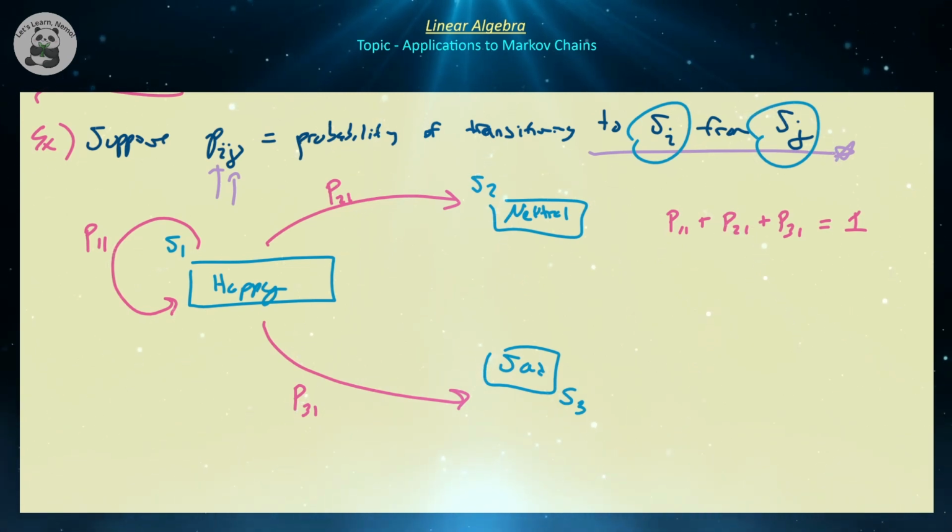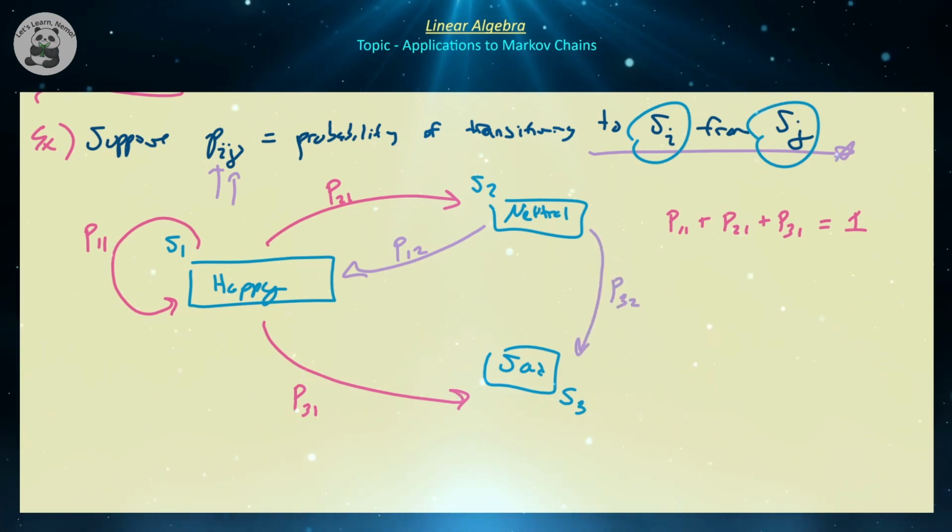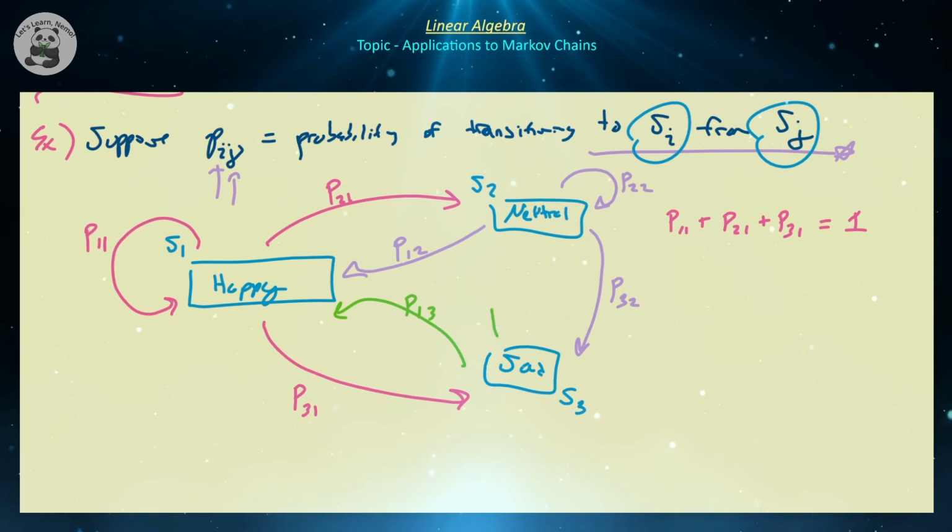Now, let's fill out this chart with the rest of them. For example, we can go from neutral to happy, so that's going to be P12. We can go from neutral to sad, so that's going to be P32. And we can also stay at neutral, so that's going to be P22. We can also go from sad to happy, that's going to be P13. We can go from sad to neutral, that's going to be P23, and we can also stay sad, so it's going to be P33.